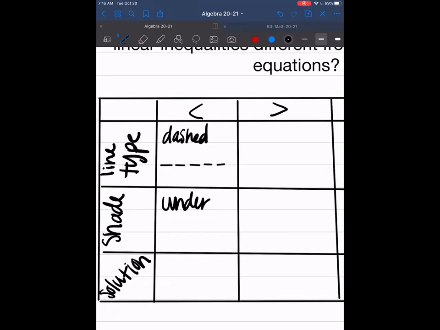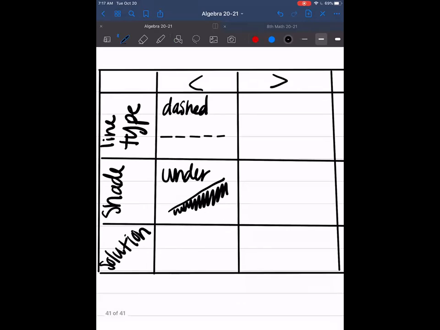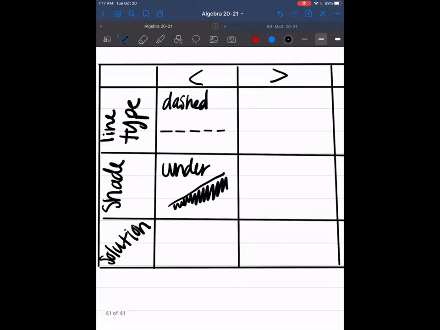So if the line is here, you would shade here. And the solution set is the shaded region, but excludes the line. So that means our dashed line does not include the points on the line. The solutions are not a part of that dash. This is less than.